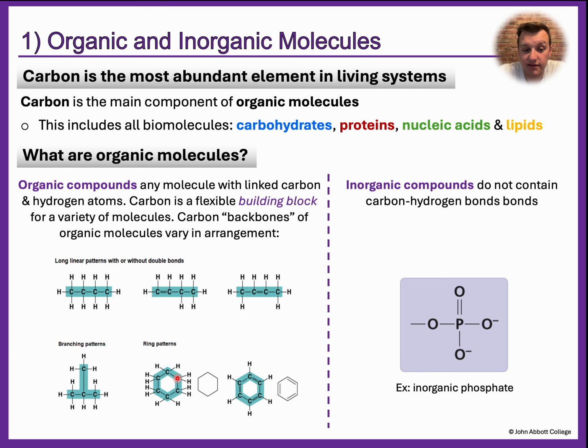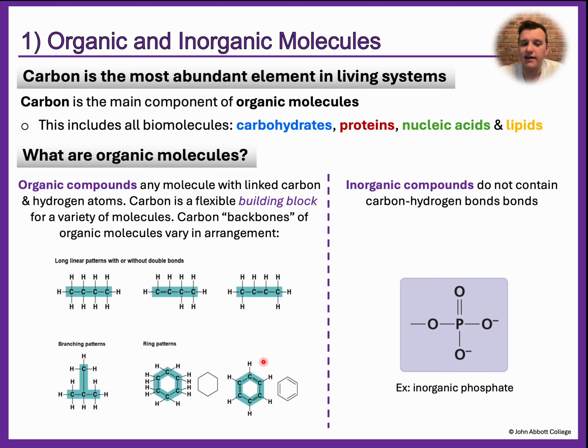So you can make these little rings, and carbon still will have 4 bonds, or you could make rings with double bonds over here. This is some crazy chemistry, but all this to say that carbon is capable of having these different arrangement patterns, right?